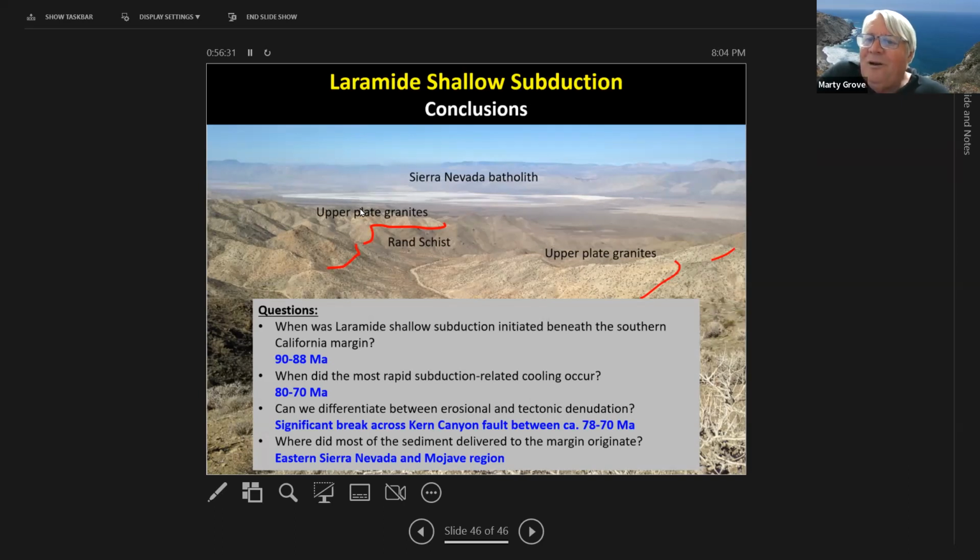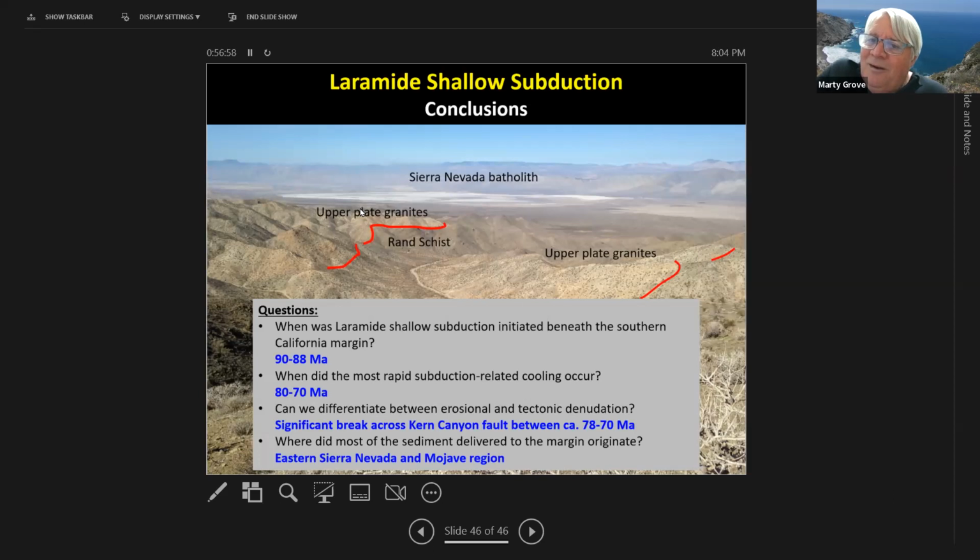I want to say a little about tectonic erosion. We have a big tectonic break in the Sierra Nevada along the Kern Canyon fault. And this has been known from lower temperature thermochronology, uranium-thorium-helium and fission-track work. But we can document that this discontinuity existed during the late Cretaceous between approximately 78 to 70 million years.